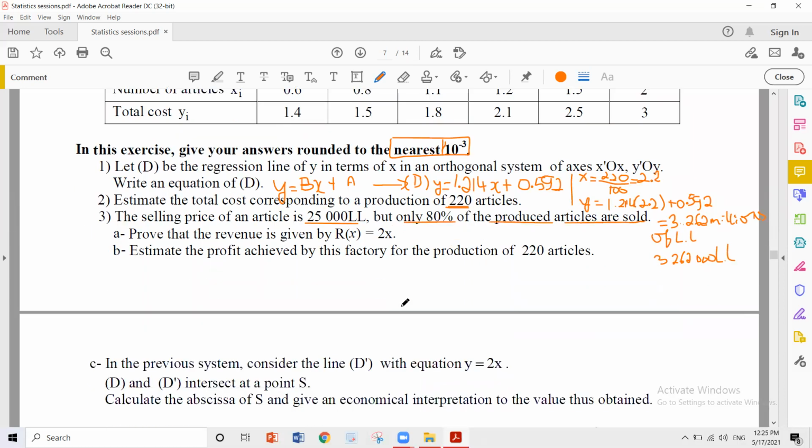What is the rule for the revenue? Price over unit price times X times unit of X. So R(x) equals price over unit price times X times the unit.